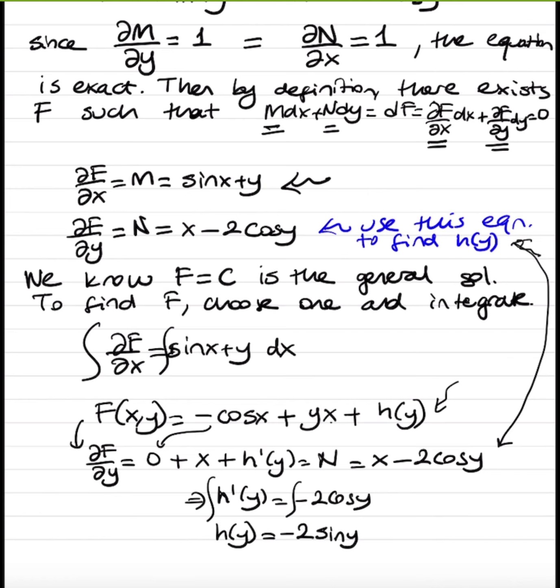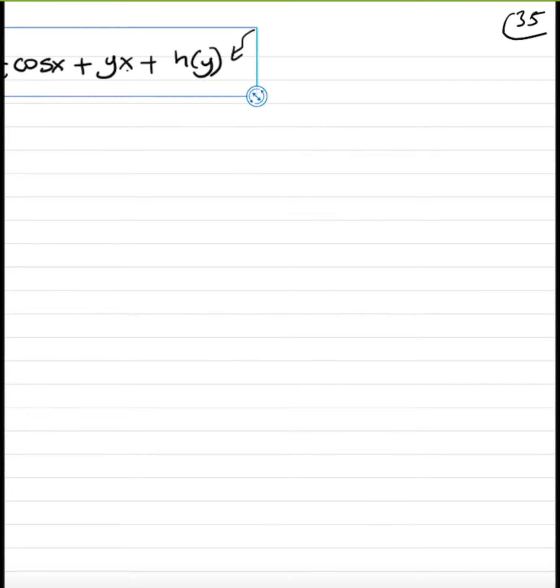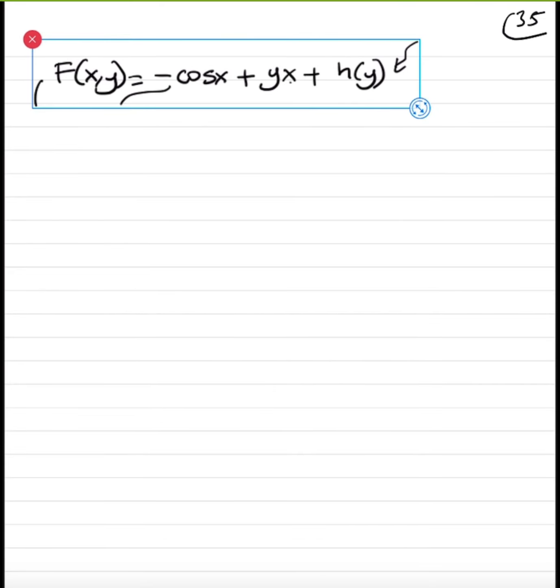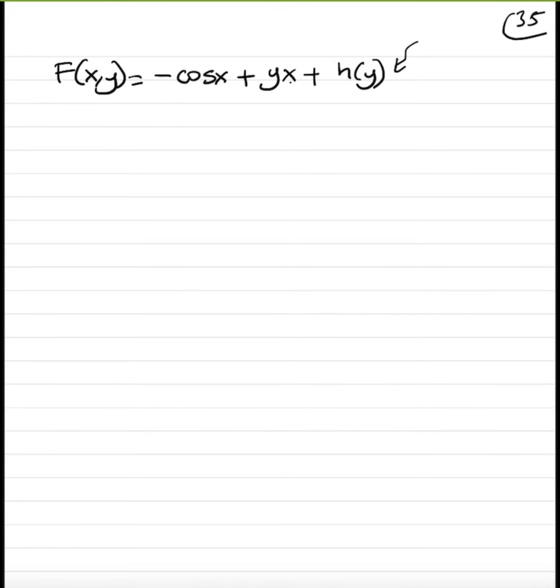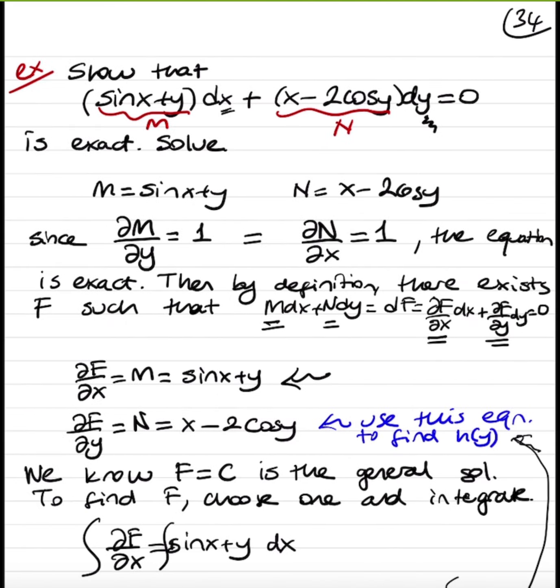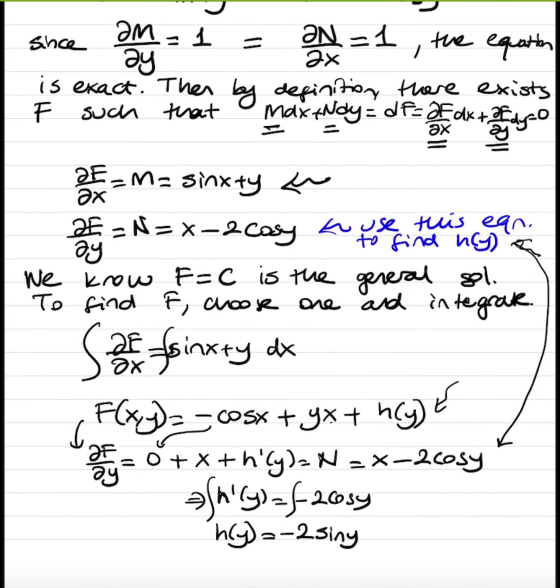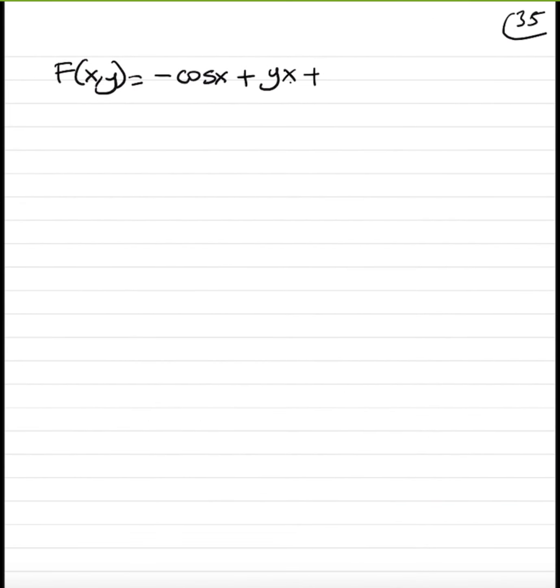Okay, then. I will copy this. We find h(y), and we just write, h(y) is minus 2 sine y.